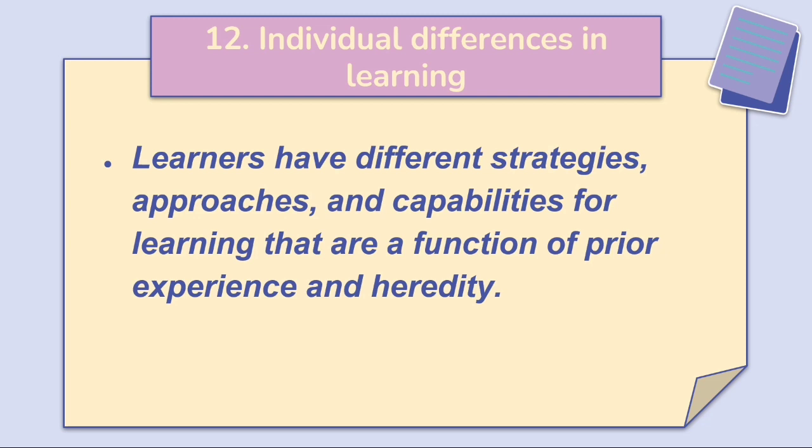Individuals are born with and develop their own capabilities and talents. In addition, through learning and social acculturation, they have acquired their own preferences for how they like to learn and the pace at which they learn.